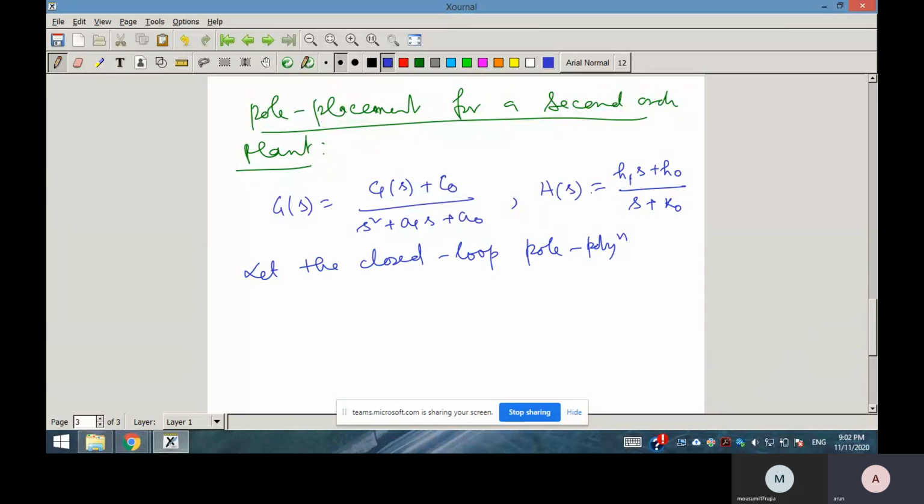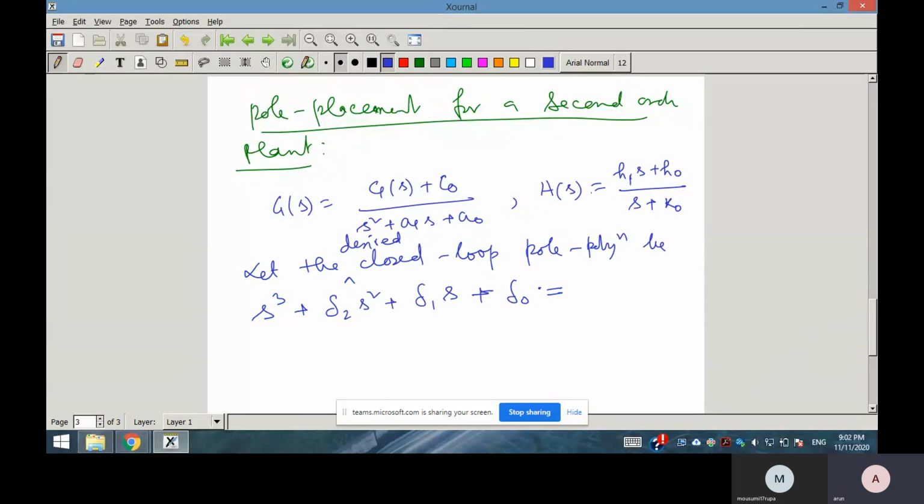So let the desired closed loop pole polynomial be s to the power 3 plus delta 2 s square plus delta 1 s plus delta naught.